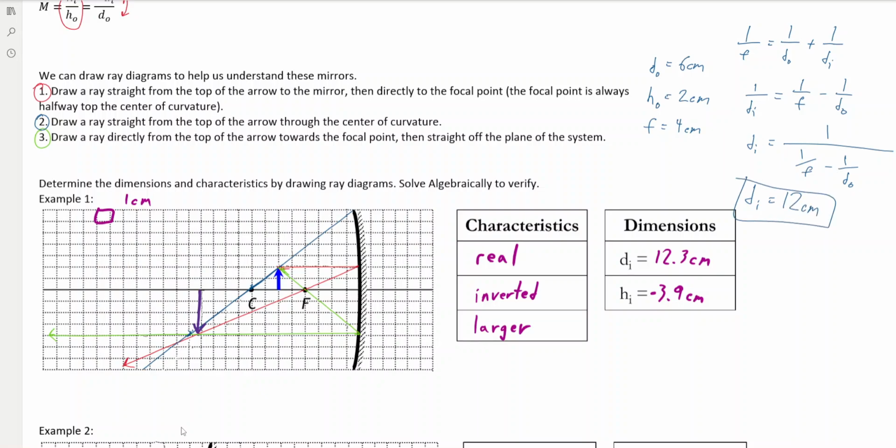Okay, so my result is not perfect. It should have been a little bit back, but that's okay. Not too bad. And then let's look at the HI. We're going to try to calculate HI. So this is using the ratio of the two. So HI over HO equals DI over DO.